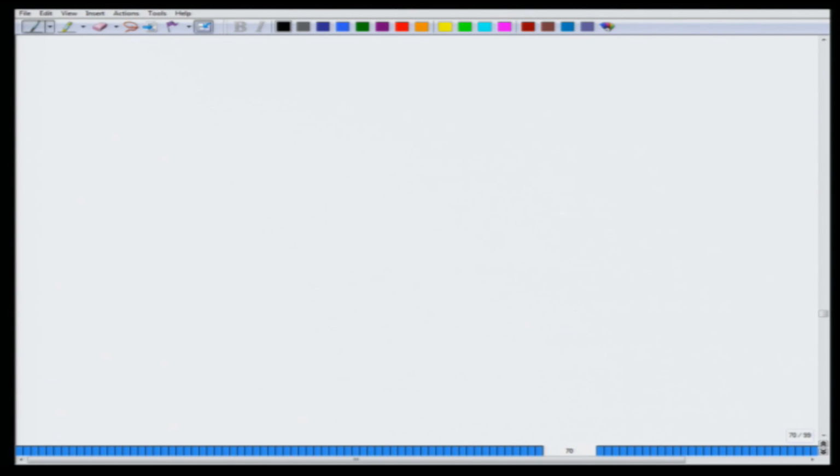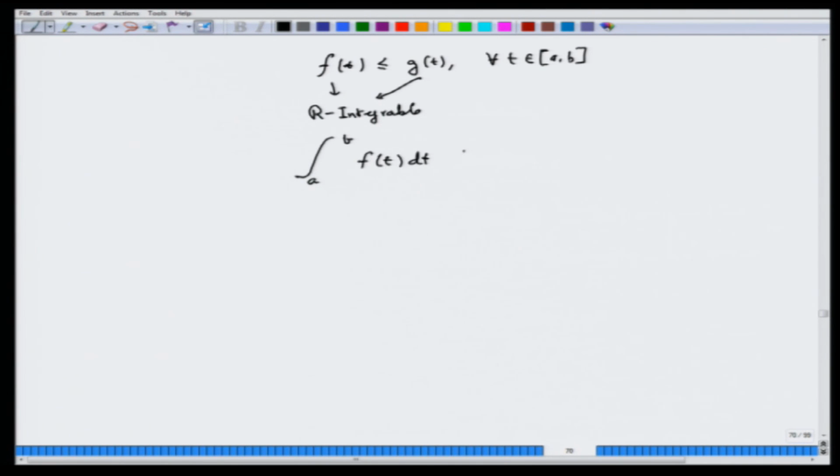If f(t) is less than or equal to g(t) for all t in [a, b], where f and g are both Riemann integrable, we write R-integrable for short, then the integral from a to b of f(t) dt is less than or equal to the integral from a to b of g(t) dt, where f and g are two bounded functions with this property.